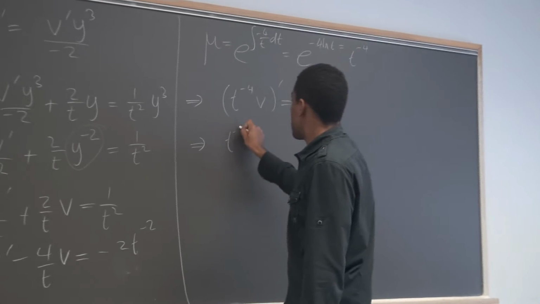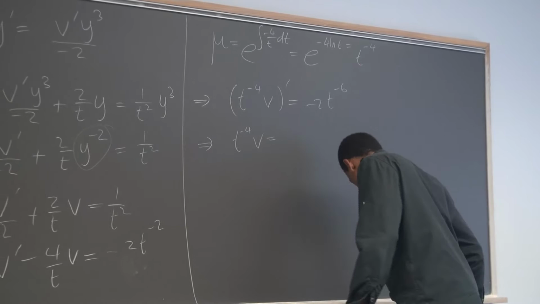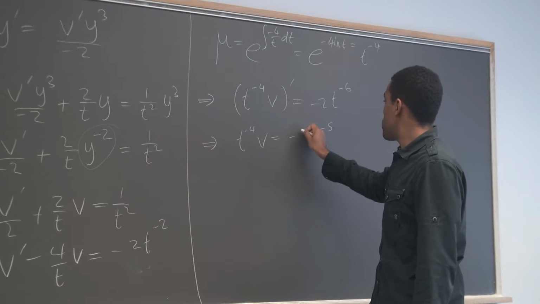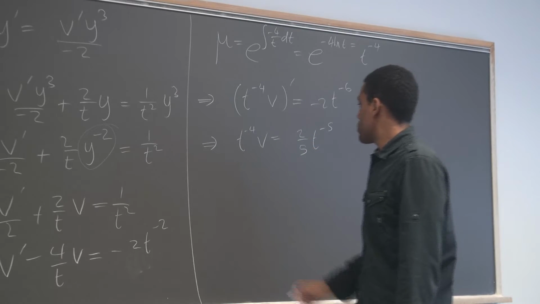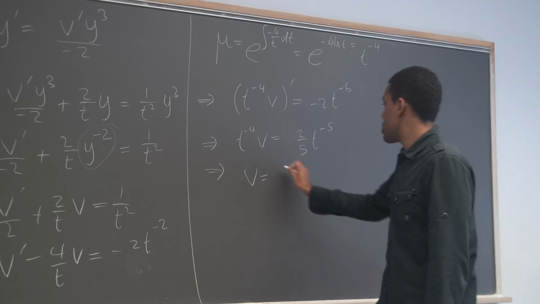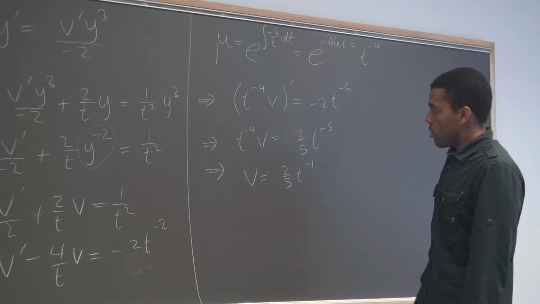This means that t to the minus 4 v is equal to the antiderivative of this, which means I add 1 to the power and divide by the new power. This means that your v now is 2 over 5 t to the minus 1.